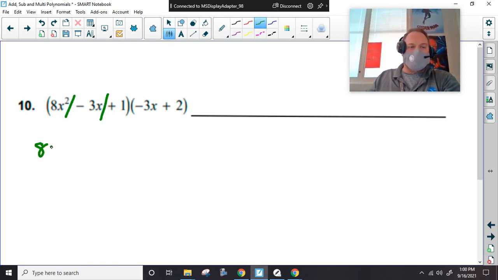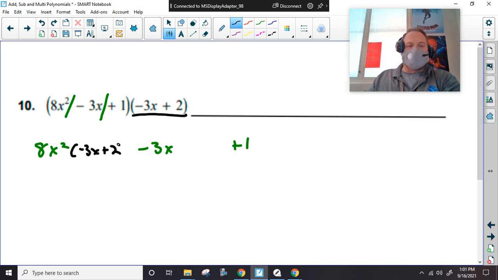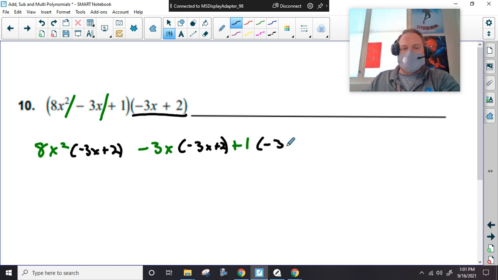They said 8x squared minus 3x plus 1. Then they did this part right here. They also said for some odd reason it just seems like less writing. I didn't argue with them because I kind of liked it. And anytime I can tell students that it's less writing, they'll try it.